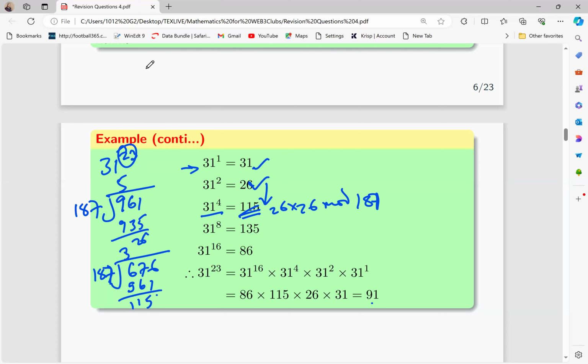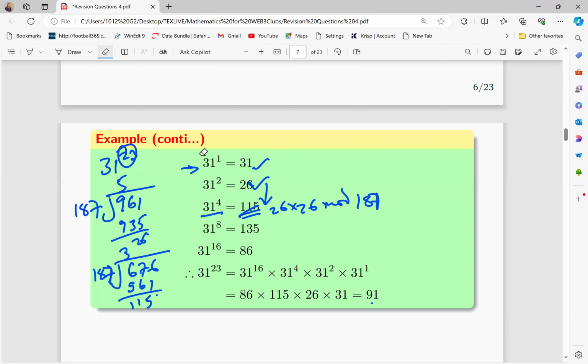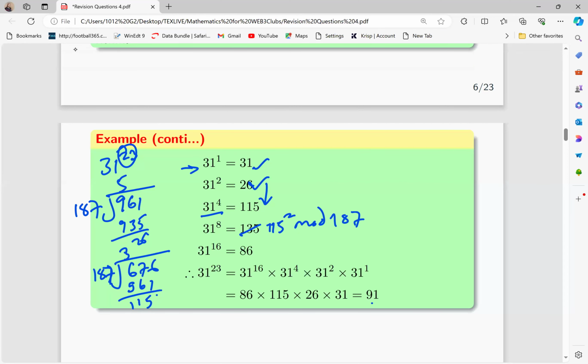That's how I got it. So you now see what we are doing. Is that okay? To get the next one, again, we are squaring that 115. At this point, we are squaring 115, then doing it mod 187. You get 135. Remember, mod 187 means divide by 187 and write the remainder.